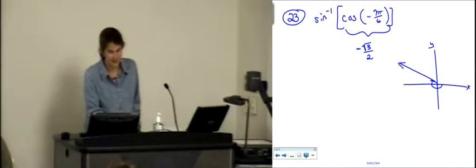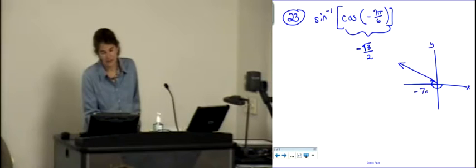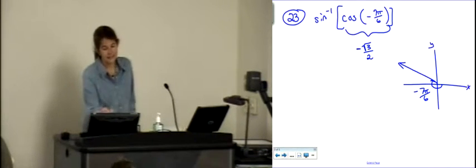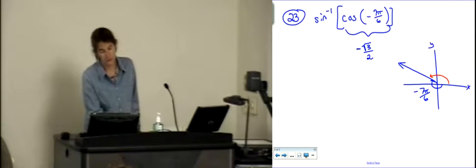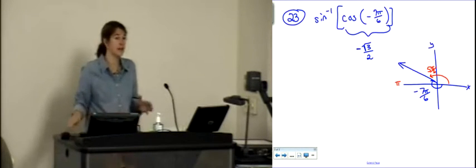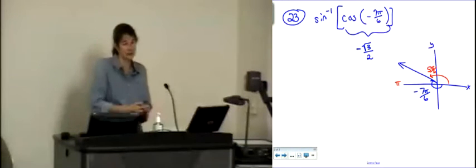That's a little bit exaggerated, but there's our negative 7 pi over 6. It ends at the same place as if I went this way and got to 5 pi over 6. That makes sense? They're sharing the same terminal side.